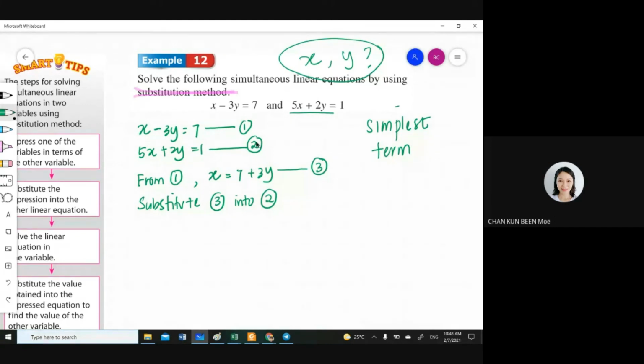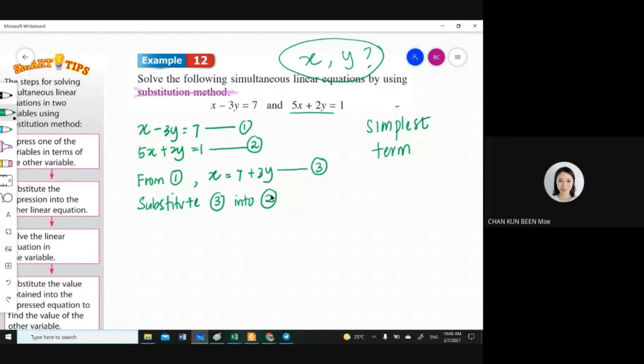Okay, one more thing. If you get the third equation from the second equation, you need to substitute into which one? Listen to my question again. If you get the third equation from the second equation here, then you are going to substitute the third equation into which one?